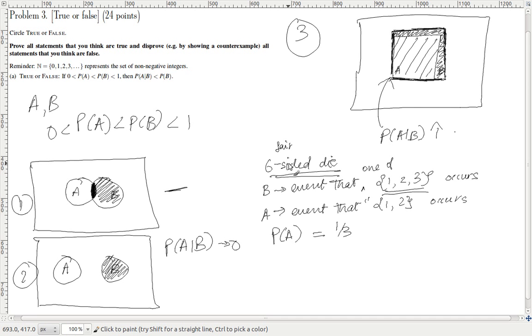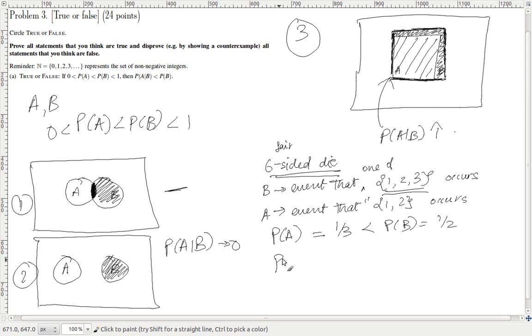So the probability of A is 1/3, which is less than the probability of B, which is half, because 1, 2 and 3 consist of half the sample space, and since every single point is equally likely, B has a half chance of occurring.